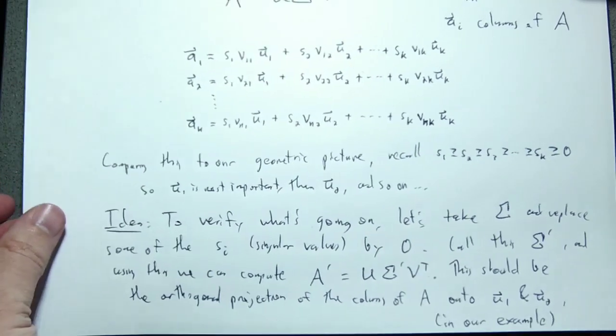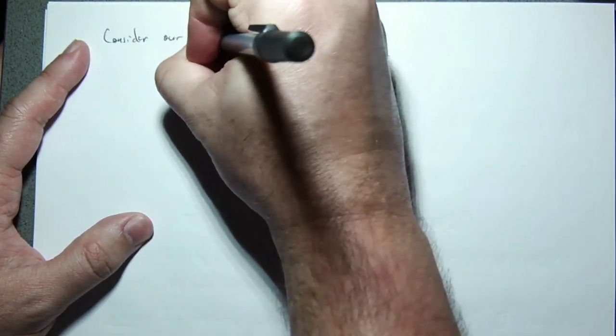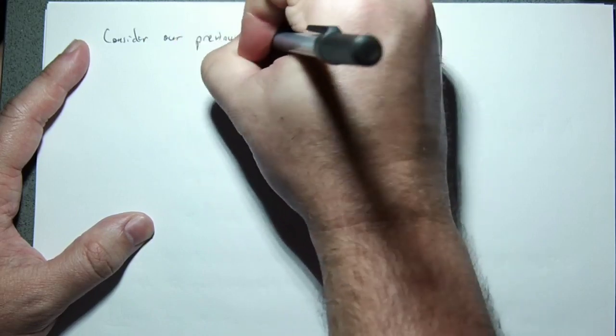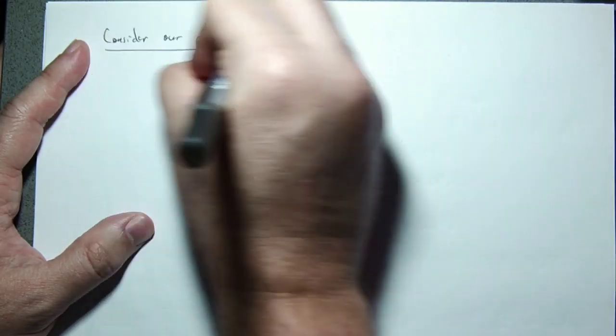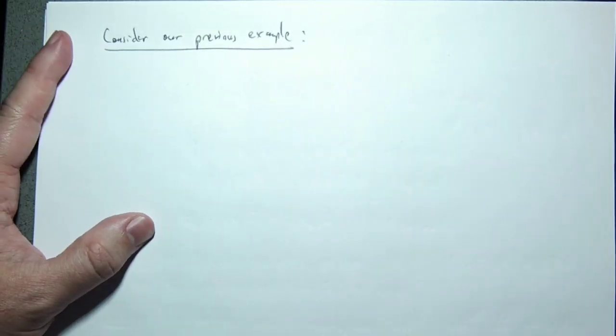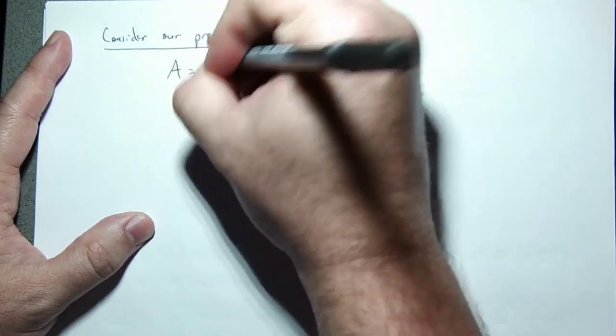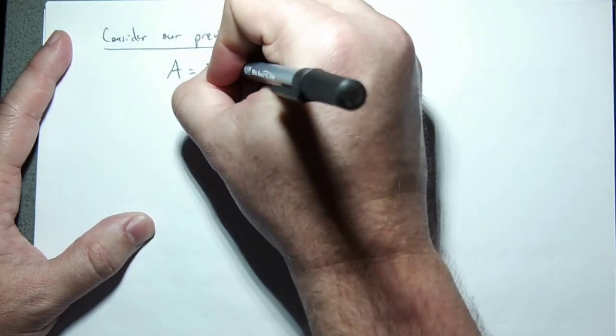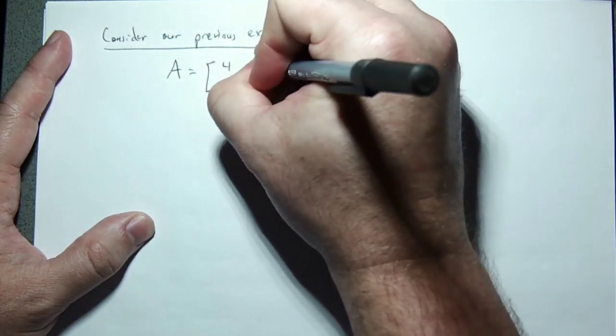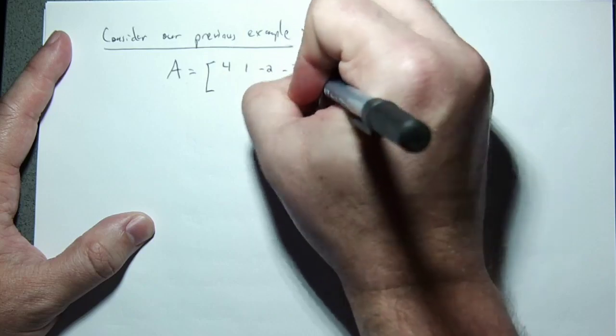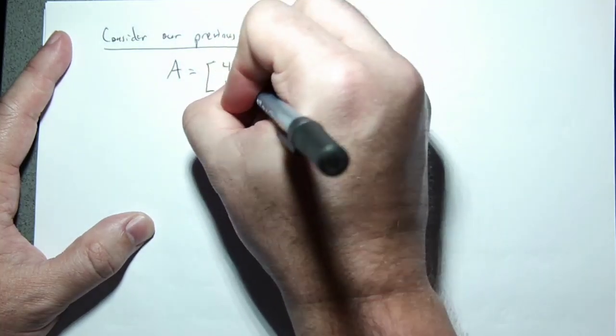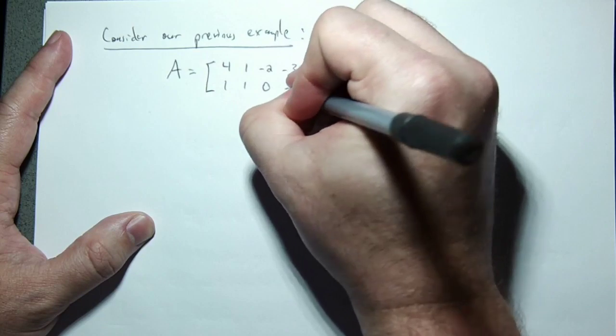So returning to our example, consider our previous example. So the matrix A, reading row wise, is 4, 1, minus 2, minus 3, 1, 1, 0, minus 2.